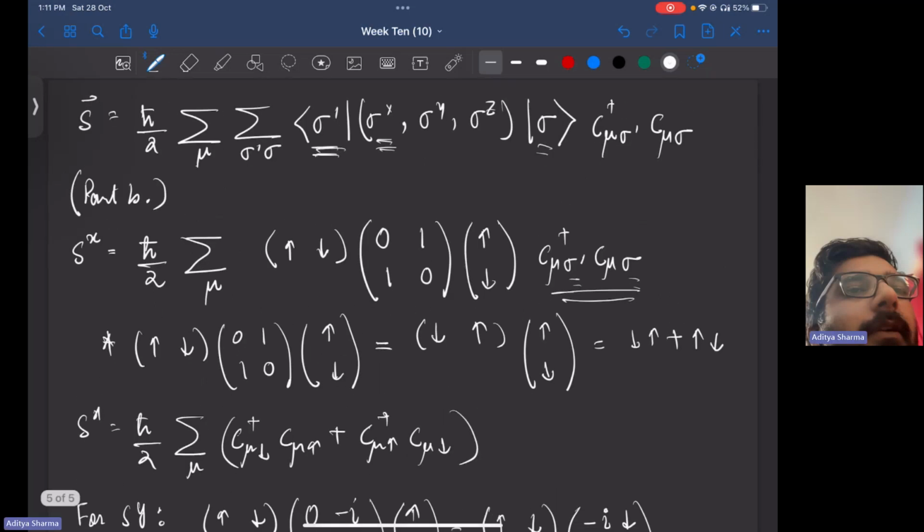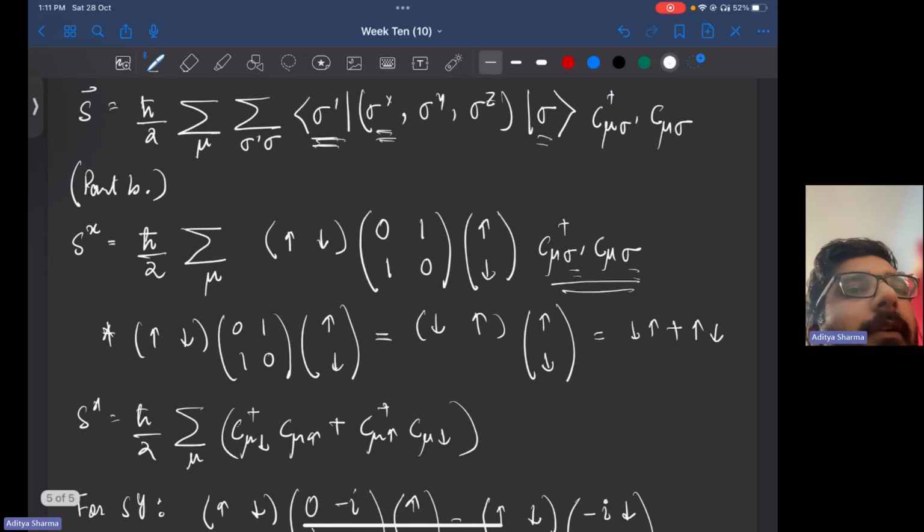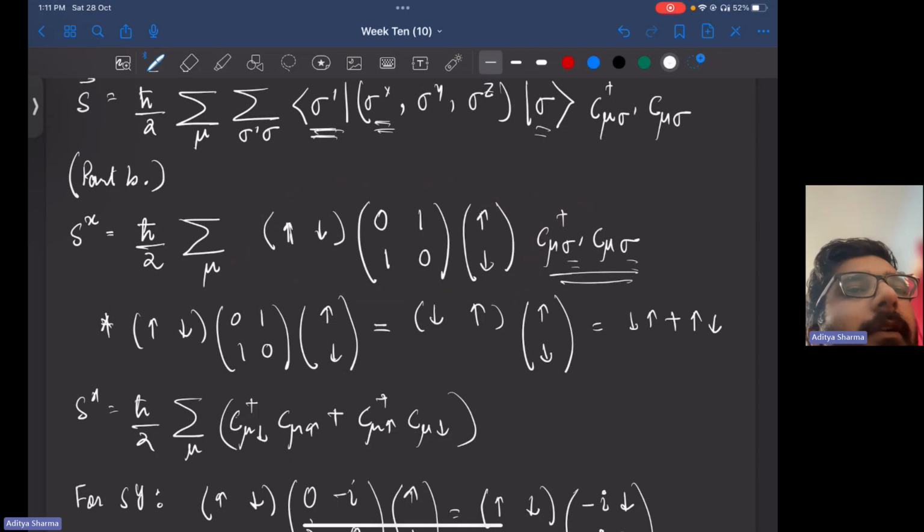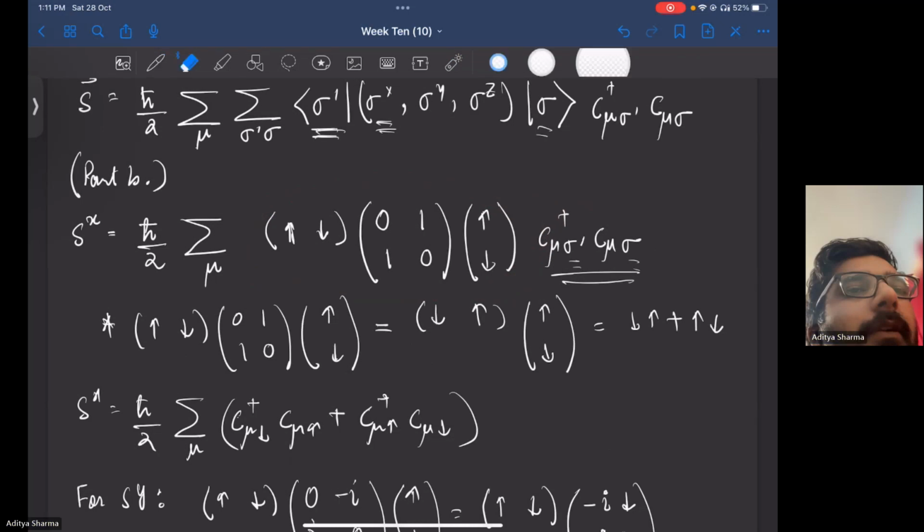Actually, a better way to write this notation is, instead of doing this, this notation should have been written like this. Okay, this is the best way. C mu up dagger, C mu down.